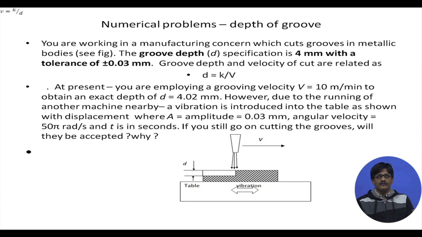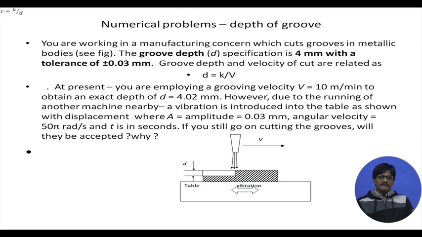These are the extreme values of the groove depth, and it is also provided that groove depth and velocity of grooving are related as d equal to k by v. V is the velocity as shown in the figure and k is a constant and d is the groove depth. It is being assumed that the groove width, which is perpendicular to the plane of the paper, is not affected, neither does it affect this particular relationship.